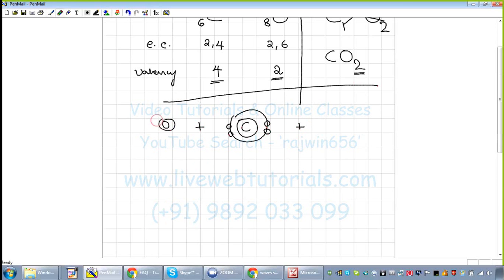First, the nucleus. Six electrons in the outermost orbit. Similarly, for the second oxygen atom. So these 2 electrons from oxygen and these 2 electrons from the carbon atom will get shared. Similarly, these 2 electrons of carbon and these 2 electrons of the oxygen atom will be shared.